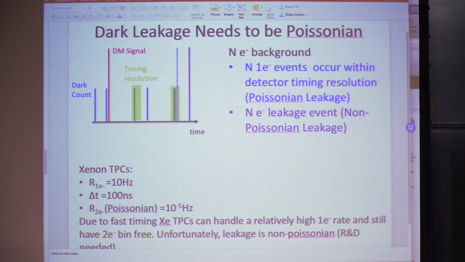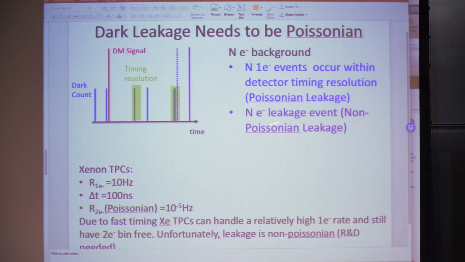And if that was the only background Xenon 10 had, it would be great. They could say, I'm not going to look at the 1 electron signal, I'm going to look only at the 2 and 3. I'm still going to have a world-leading experiment. And they're going to have soon 7 tons of material, so you can do really well just looking at the 2 electron bin.